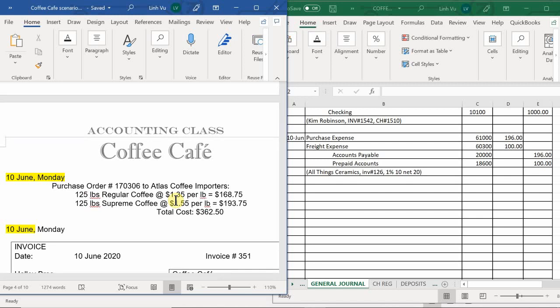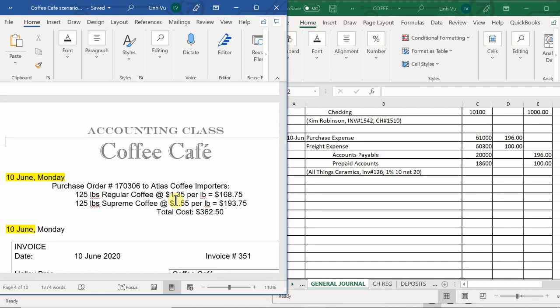So we purchased coffee. In this case, what did we actually do? Purchase coffee for 135 pounds. Now, did we actually do a purchase or did we do a purchase order? A purchase order. Okay, so did we actually buy coffee?